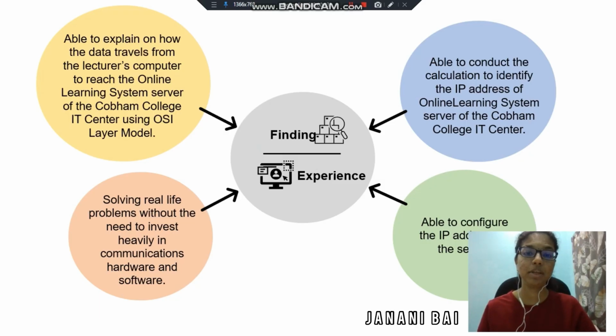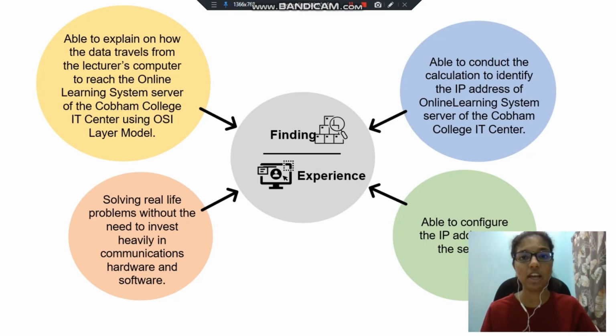Now, I'm going to explain the findings and experience that we gained while conducting this project. Firstly, for findings, we were able to explain how the data travels from the lecturer's computer to reach the online learning system server of the Cobham College IT Centre using the OSI layer model. Secondly, we were able to conduct the calculation to identify the IP address of the online learning system server.